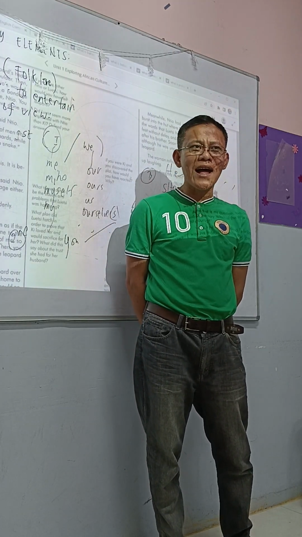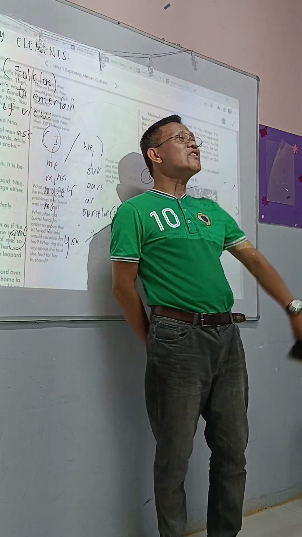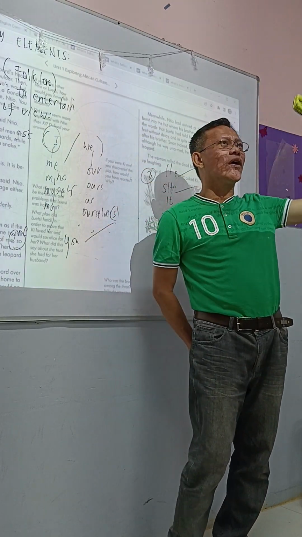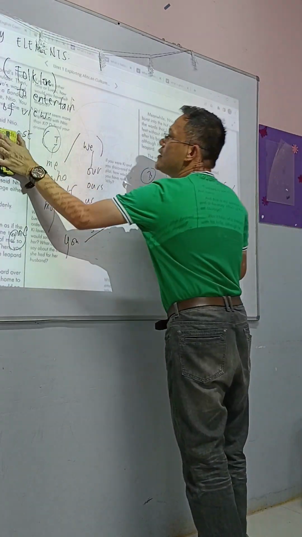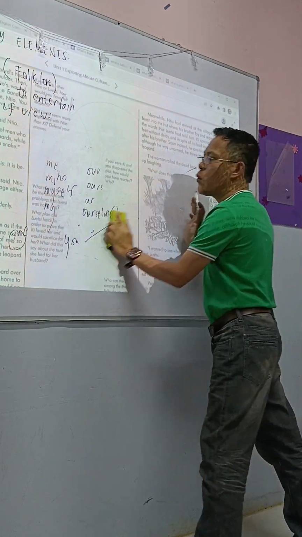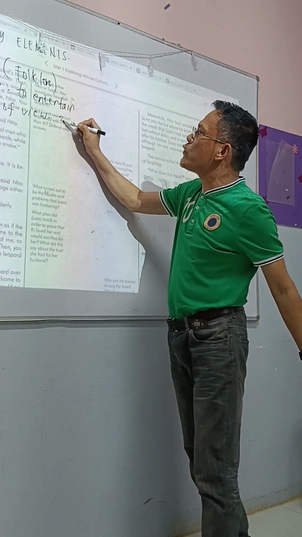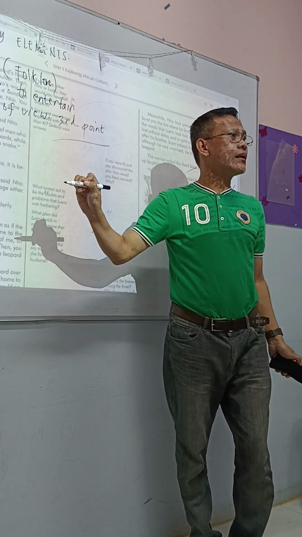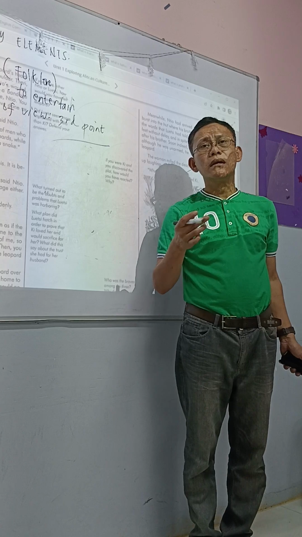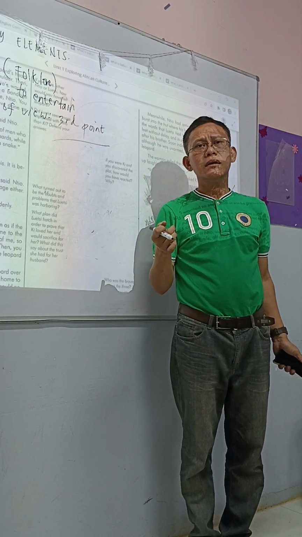What paragraph? Sir, in the first paragraph I saw. Sir, in the third paragraph, like that. Be smart. Why third point of view? Because it uses she, he, it, they.